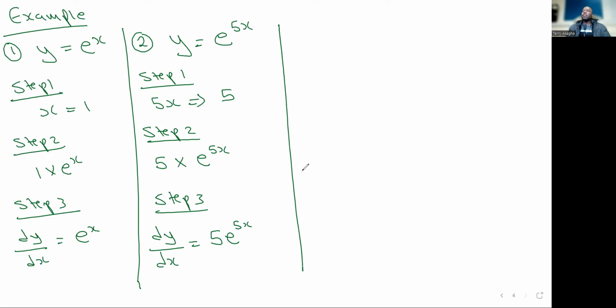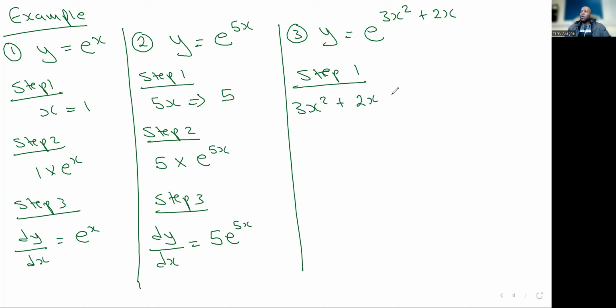Now let's pick another one, take it up a bit. So let's say we have y is equal to e 3x squared plus 2x. Same thing, step 1. All right. We then differentiate the power. The power we have is 3x squared plus 2x. When you differentiate this, it's going to give you what? 6x plus 2. Step 2, we then have to multiply this with the original question.